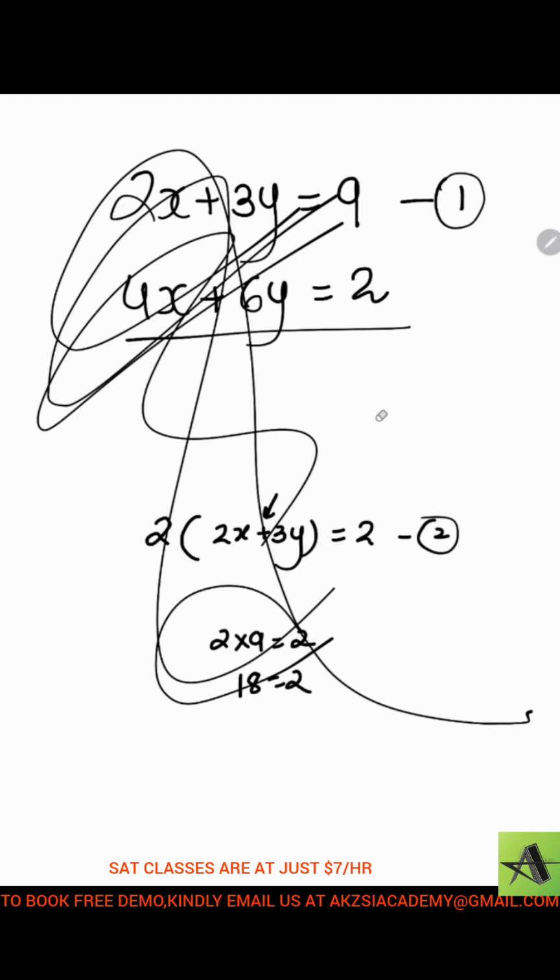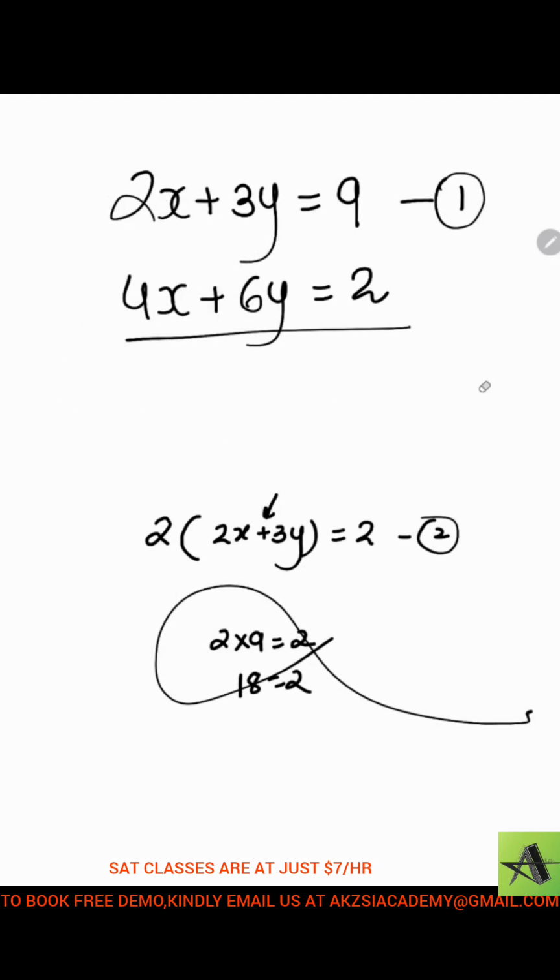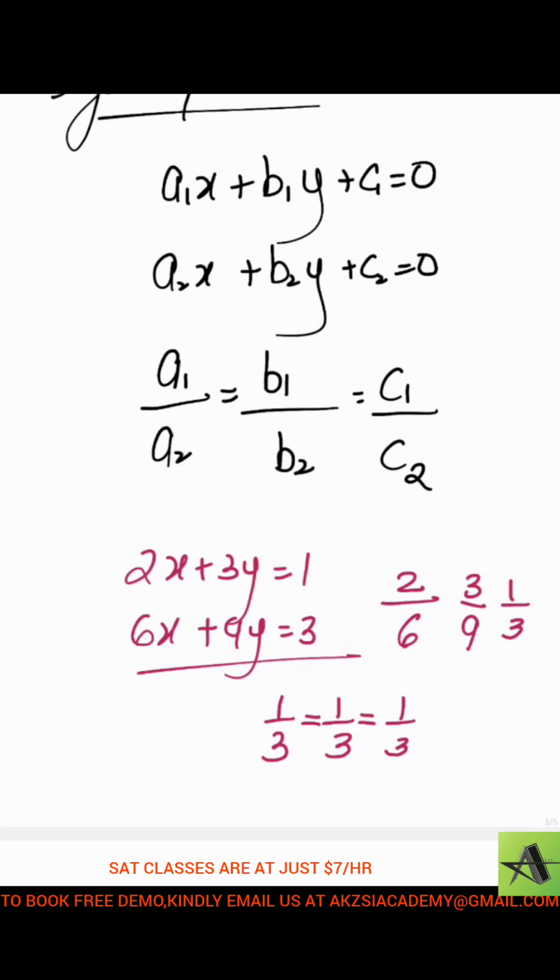We can also cross verify the previous ones as well. So let me try. When we are talking about the infinite solution, their ratios should be the same. In this case, the second equation can be rearranged and written as, if I take out 3 as common, 3 times (2x plus 3y) equals 3.